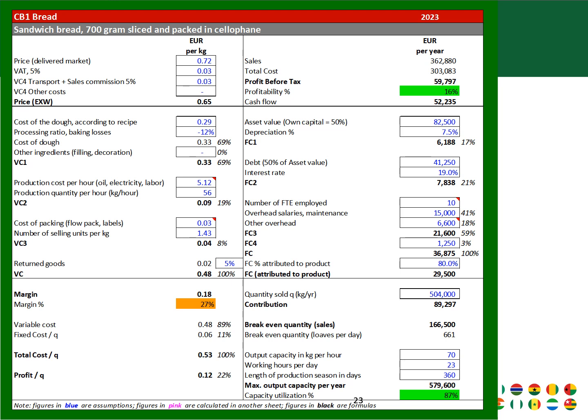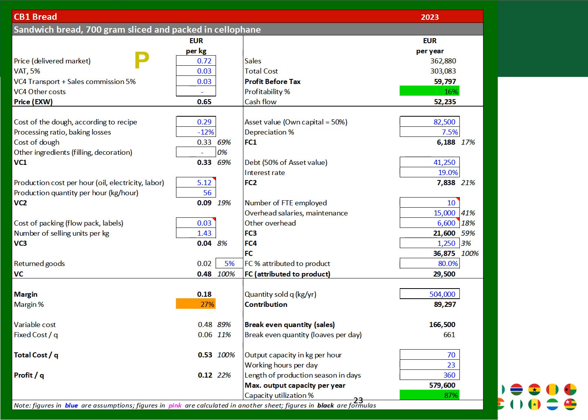In the left column, everything is calculated per unit. In the right column, everything is calculated per period. In this example, the currency is euro, the unit is ton, the period is 1 year.